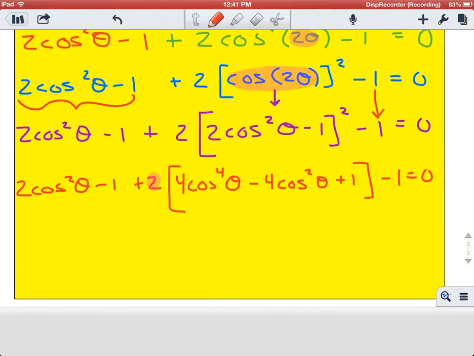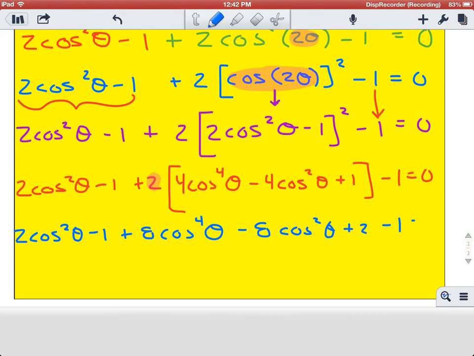And in fact, I'm going to do that right now. I'm going to be on the road to cleaning this up by simply distributing the 2. So 2 cosine squared of theta minus 1 plus 8 cosine 4th power minus 8 cosine squared plus 2 minus 1 equals 0. And then hopefully you can see that all of this just goes away.